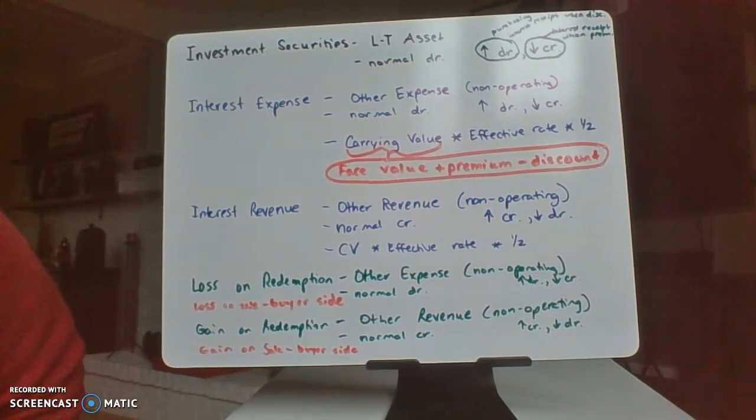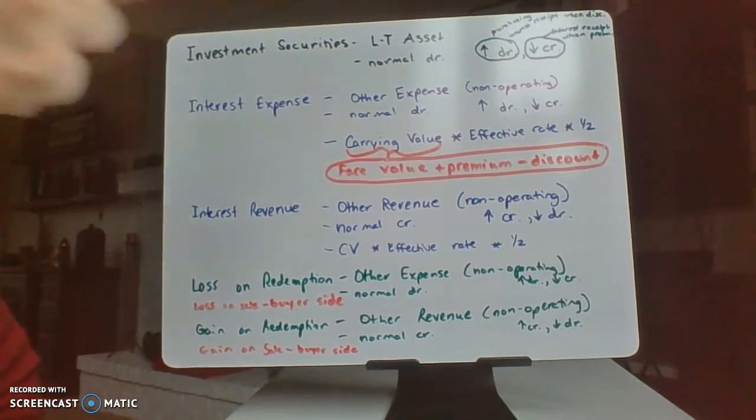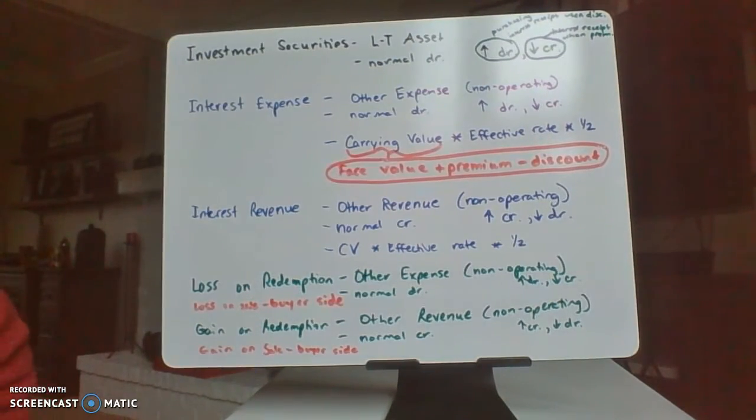And any time that we get the receipt of interest, that semi-annual receipt of interest, when it was issued at a discount, I would debit it. When it was issued at a premium, I would credit it. And we'll go through that later on a transaction. But that's the relationships you need to know.